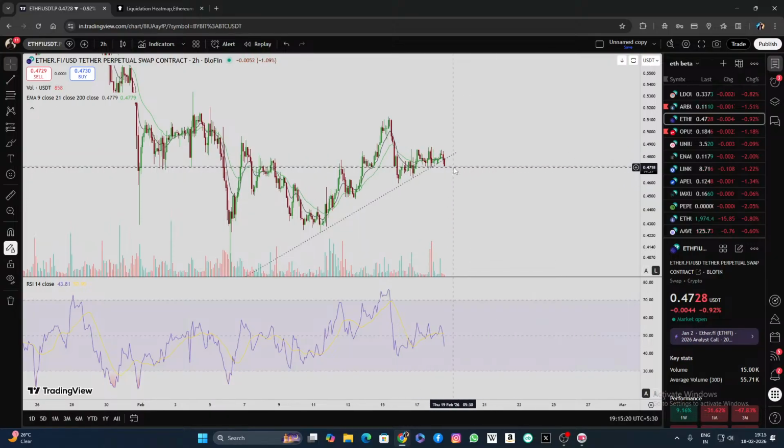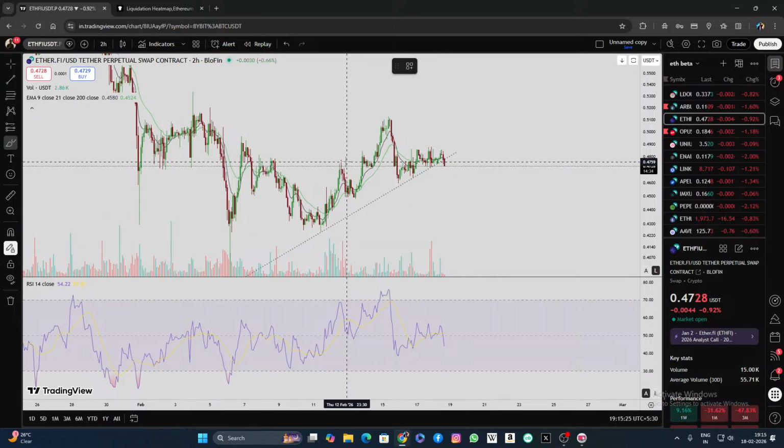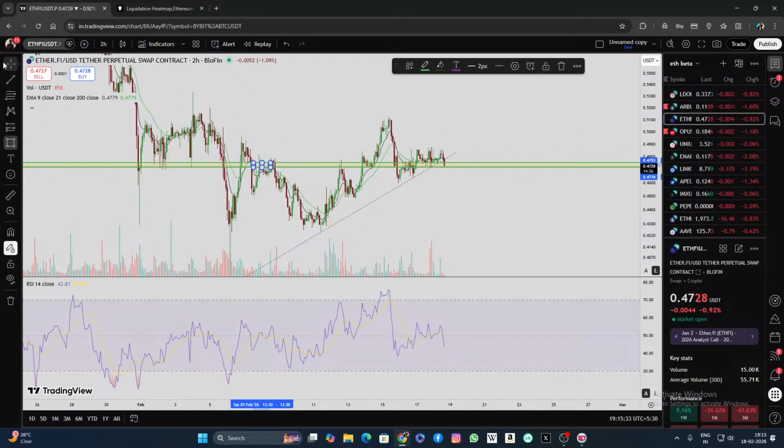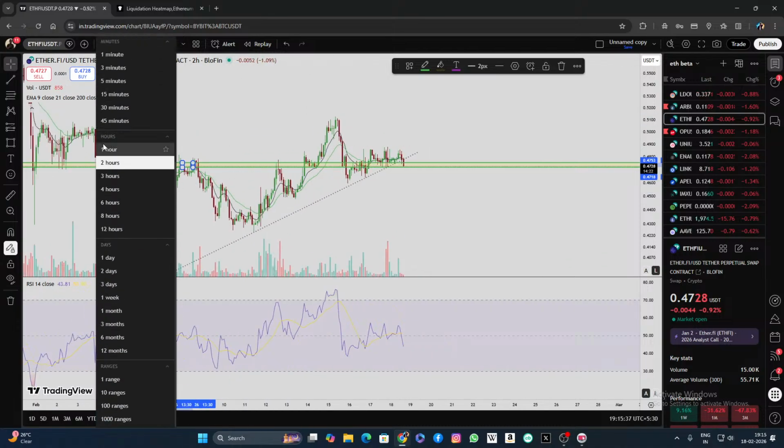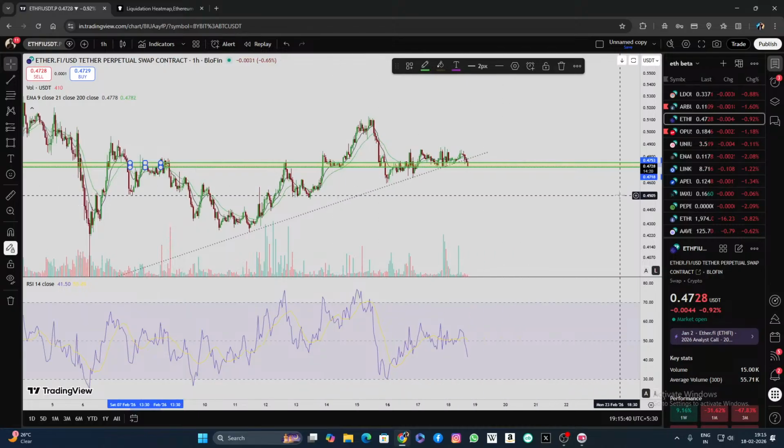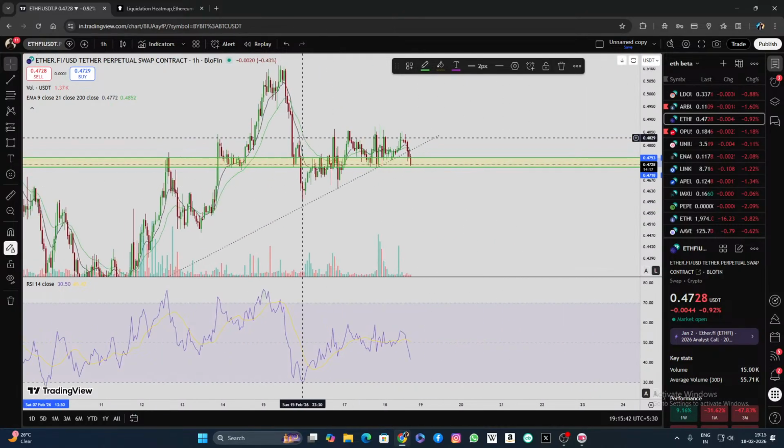It also kind of made a head and shoulders pattern here. Let's wait for the 1 hour candle close. It kind of made a head and shoulders here. Let me show it to you.